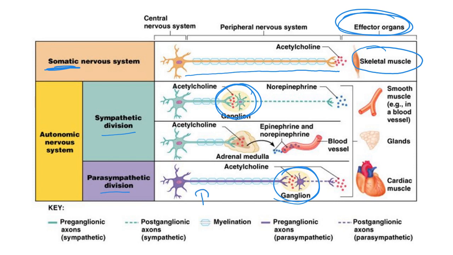I have my pre-ganglionic neurons, and then I have my post-ganglionic neurons. And you can see in the picture how the sympathetic and the parasympathetic are a little bit different: short pre-ganglionic and long post-ganglionic in sympathetics, and the opposite in parasympathetics. We're going to talk about each one of those. Sympathetics and parasympathetics both also influence all of these things: the smooth muscle, the cardiac muscle, and the glands.